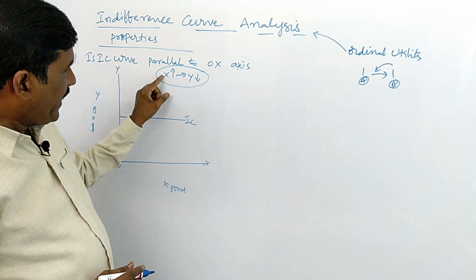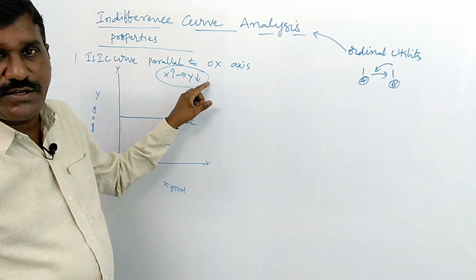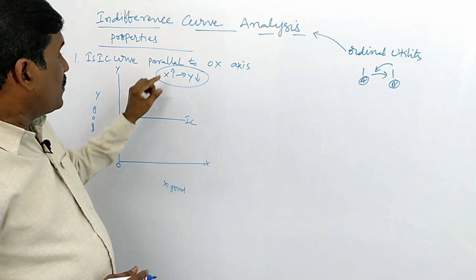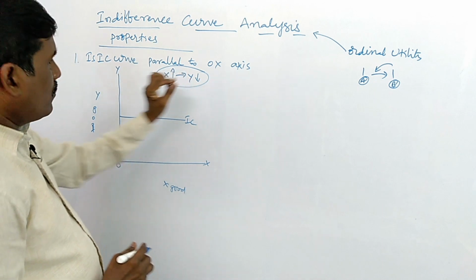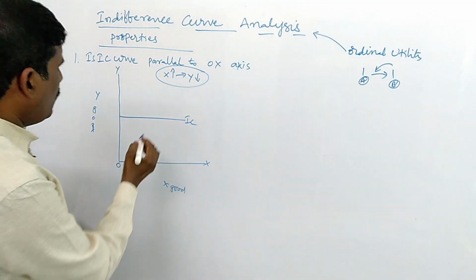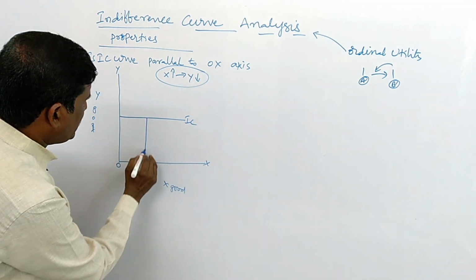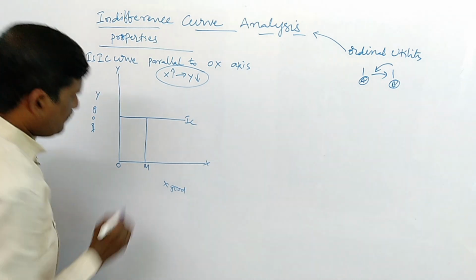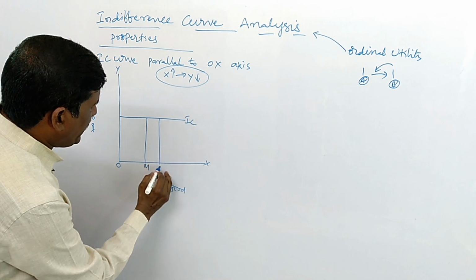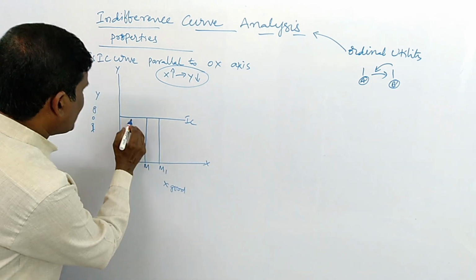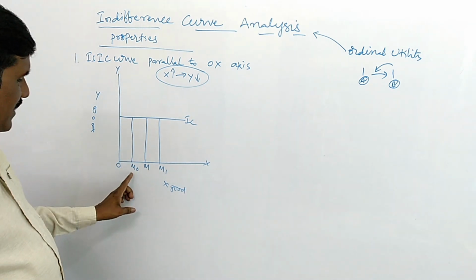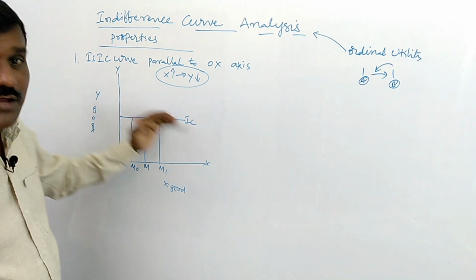When the X good increases, the Y good should be reduced. When the Y good reduces, the X good automatically increases. So here X and Y have a negative relation. Negative means opposite action. Once again you observe: this is OM, the X good axis, and the X good increases to OM1 and decreases to OM0. The X good changes, but there is no change in Y good.